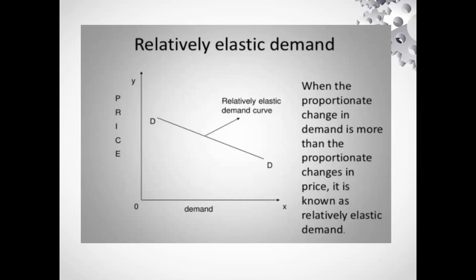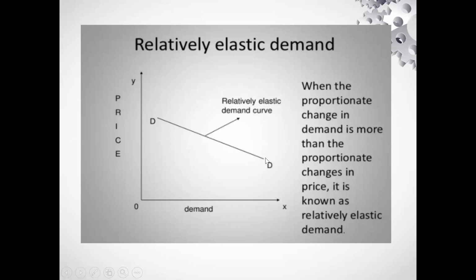That is, see, if the price increases, if you see here, the price increases, the demand curve is getting down. This curve is sloping down. If the price of the product increases, the demand of the product keeps on moving down.